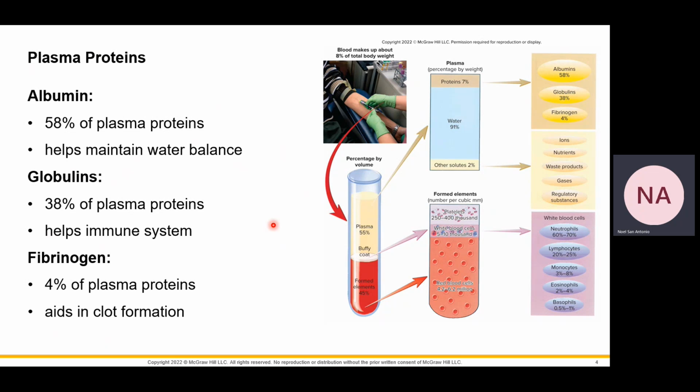And the smallest percentage is fibrinogen. It accounts for 4% of all of your plasma proteins, and its main function is to aid in clot formation. Okay?